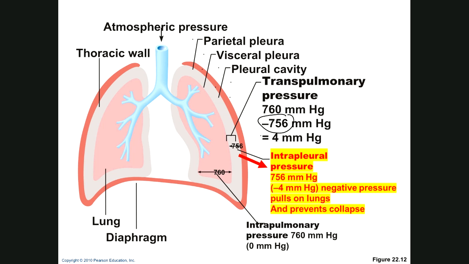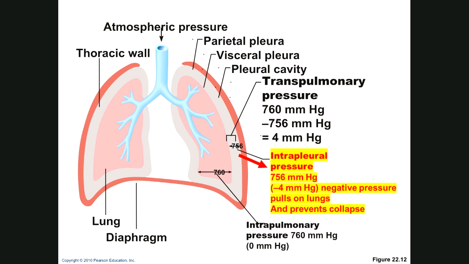So it's negative 4 inside that pleural space. Because it's a negative pressure, less than the pressure inside the lungs, it's going to act like a vacuum and pull on the lungs and prevent them from collapsing.